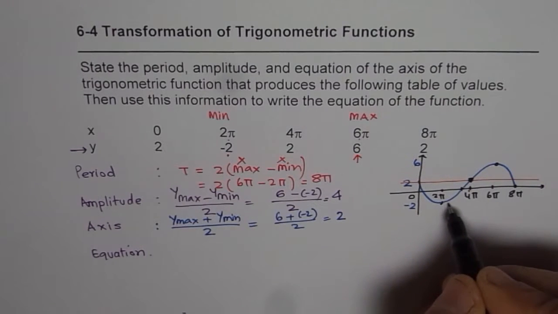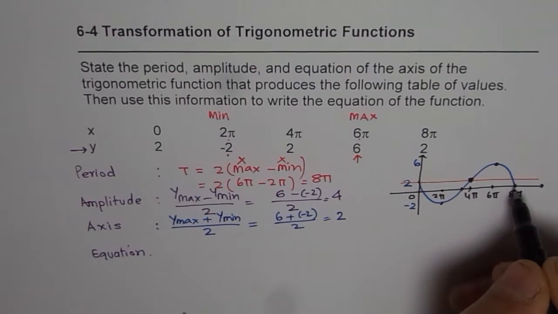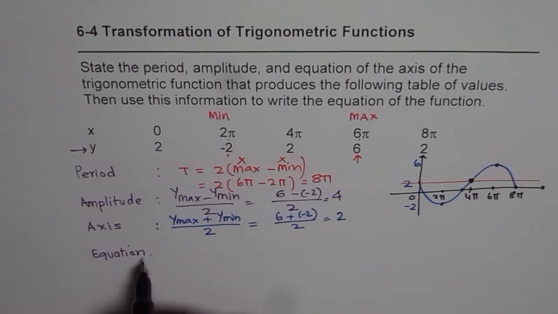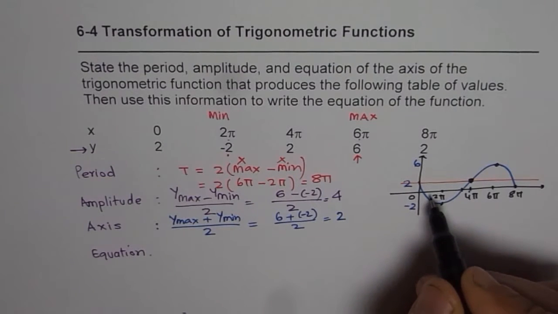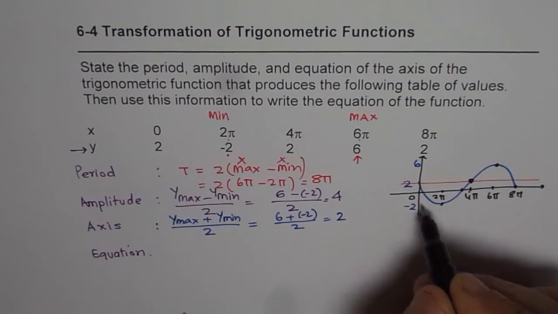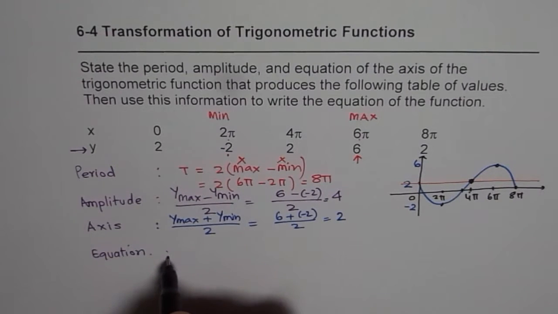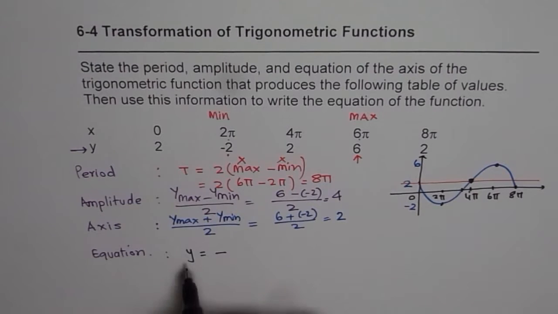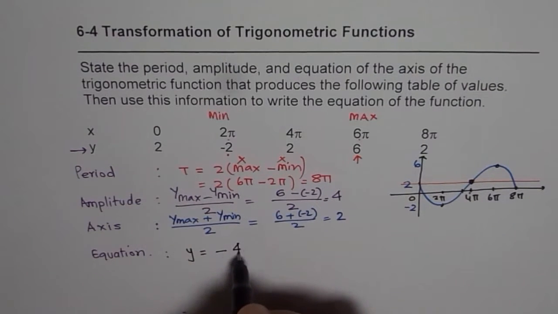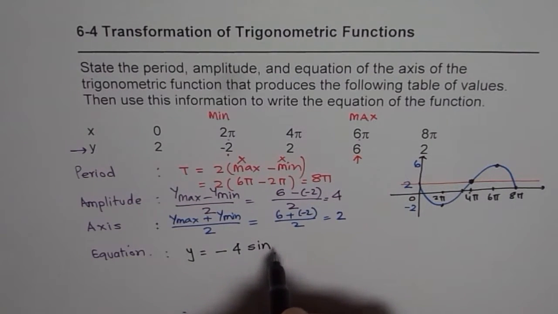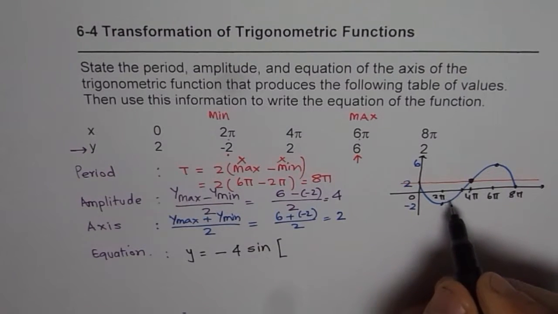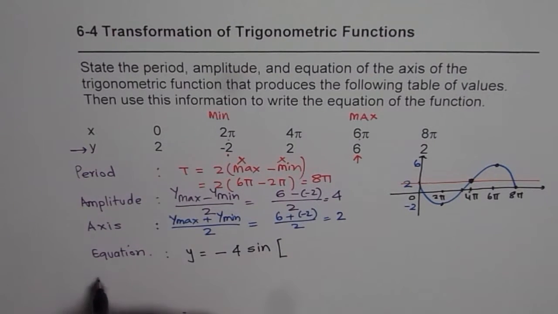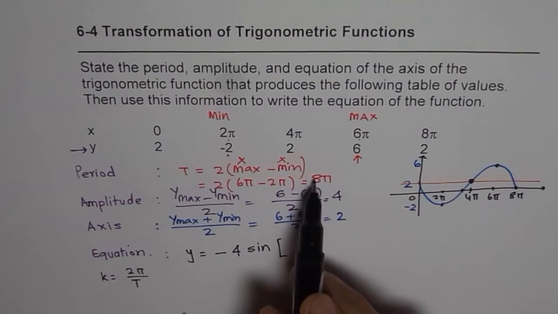As you can see, it is a negative sine wave. So when we write the equation, it is better to write it in the form of a sine wave. We will prefer to write this equation as y equals minus sine. The amplitude is 4, so let me write 4, sine k. To find the value of k, let's look into the period. k equals 2 pi divided by the time period, and in our case the time period is 8 pi.